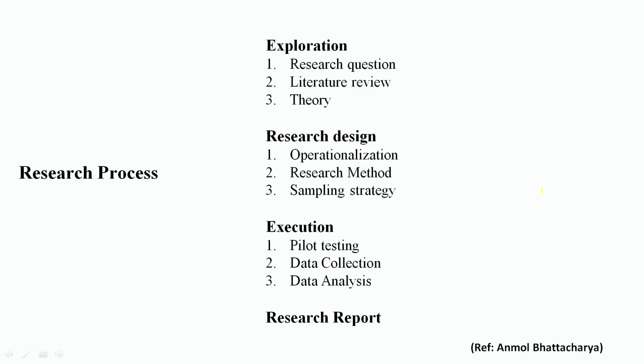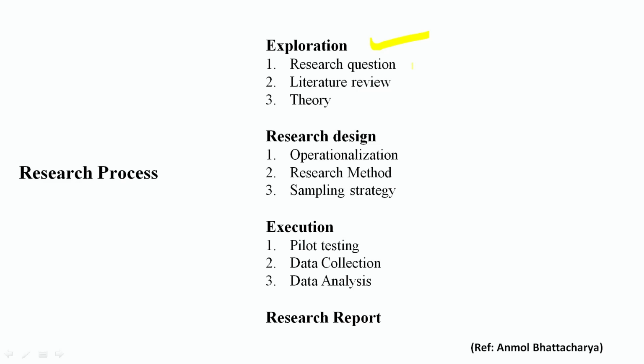The first part is exploration. Under exploration, make sure you have a research question. The research question normally comes with the words what, why, how. These three words we can find common in most of the problem statements, followed by research questions.